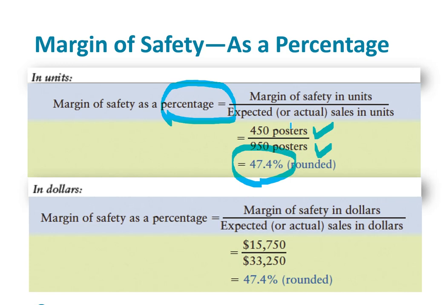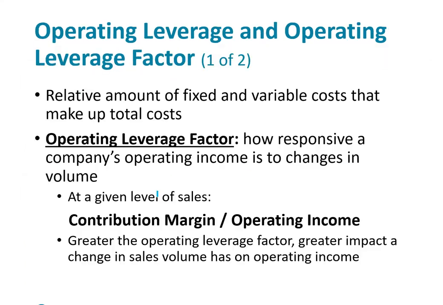Okay, and you can do it both in units or you can do it in dollar amounts. Okay, notice anytime your numerator and your denominator has the same unit, it comes out as a percentage. Okay, these are both dollars, and so dollars cancel out, you get a percentage. These are posters, you get a percentage. Okay, margin of safety, extremely valuable when you're looking at risk factors.